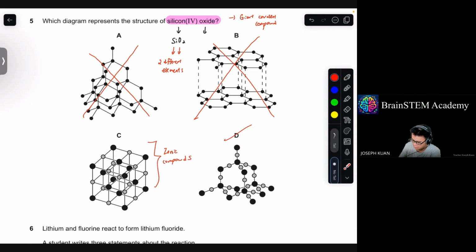And if you know your silicon(IV) oxide structure well, you will know that silicon is a group 4 element, so it's connected covalently via 4 lines to oxygen atoms. Oxygen is a group 6 element, so it has 2 covalent single bonds, 2 lines. Silicon should have 4 lines, oxygen should have 2 lines, hence forming this giant covalent structure.